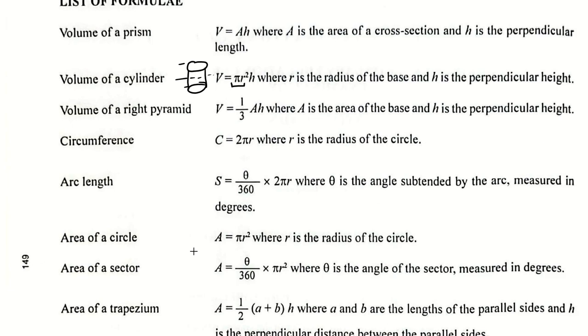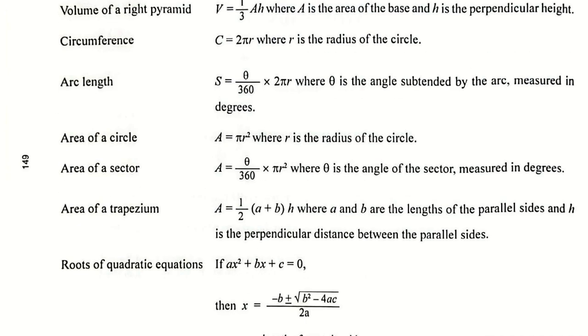Area of your sector is what fraction of your circle, so it would be theta over 360 multiplied by area of your circle. Area of a trapezium is a half by a plus b by height. A and b are your parallel sides. Parallel sides are sides that if you extend them will never meet. So it would be the summation of those two sides times your perpendicular height, by a half.